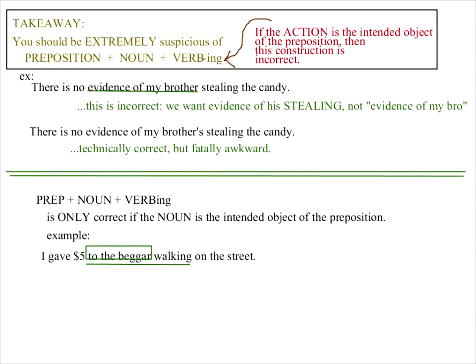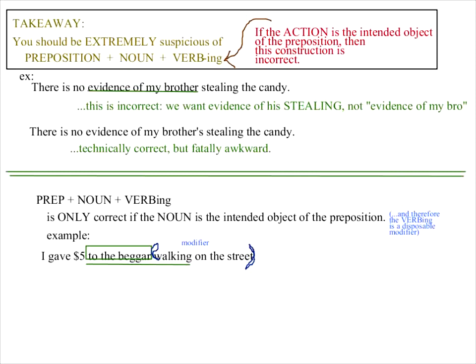And then this part here is just a modifier. So that part there is totally disposable because it's a modifier. And so you wind up with a simple prepositional phrase. So that's the only condition under which this is allowed to be correct.